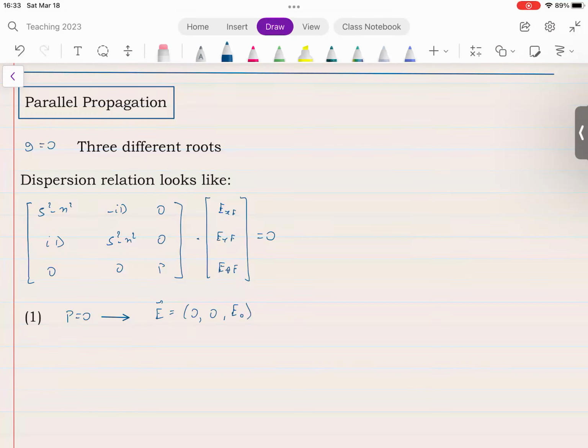And I'm dropping the subscript F for the Fourier transform. Remember, Fourier transform is a linear operator. Not only is it a linear operator, but it operates on components separately. In that case, where P is equal to 0, only the Z component of the Fourier transform of the electric field is non-zero.